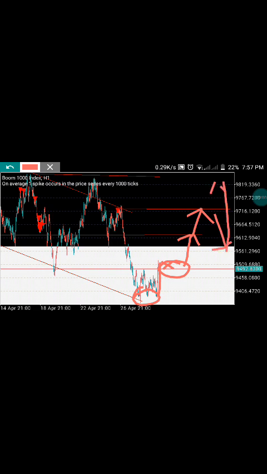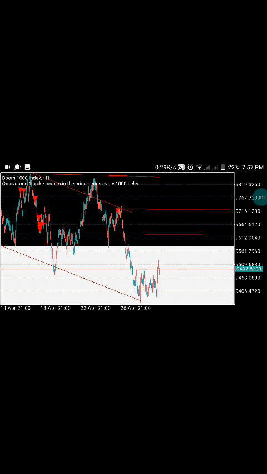But we know for certain that this market is going on the uptrend. So if you are trading with your strategy this time around, what you are going to be looking for is an uptrend. Once you set up your technical analysis like this, it will be very easy for you to trade with your strategy.